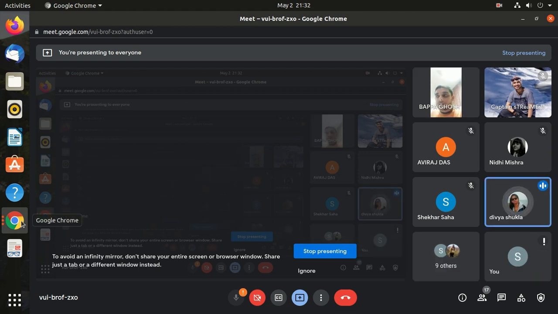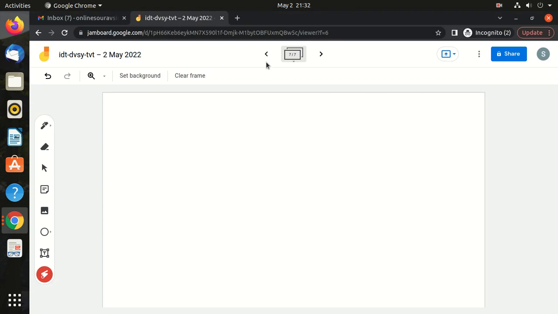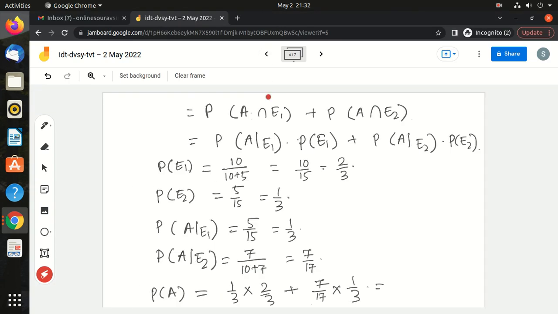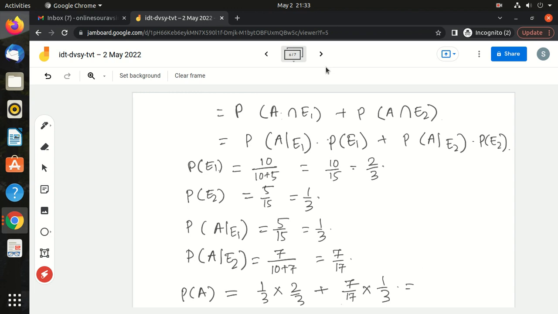Sir, in the previous probability question, where you have written P(A|E), is that 5 by 15 or will it be 10 by 15? Where? Sir, where you have this 5 by 15. So what is A? Oh, sorry. Yeah, you are correct.